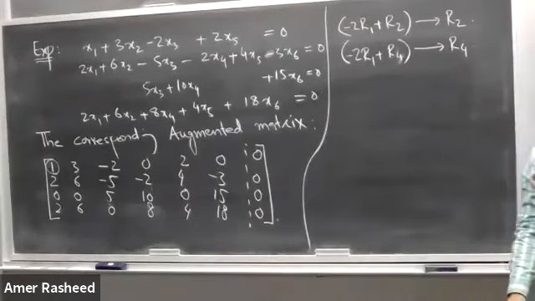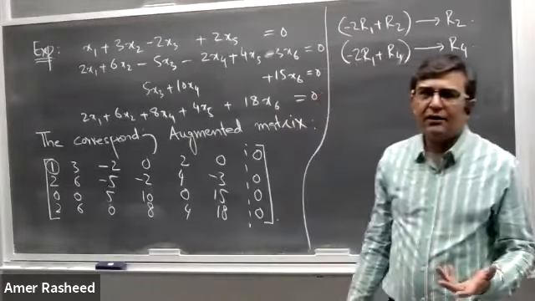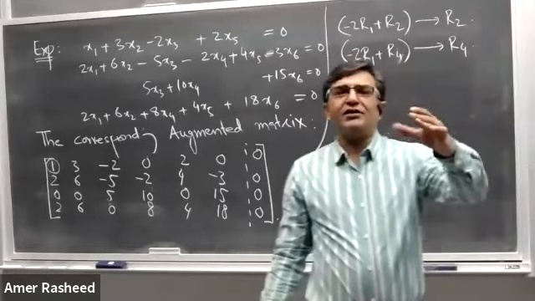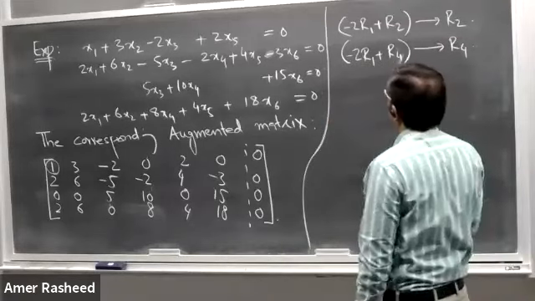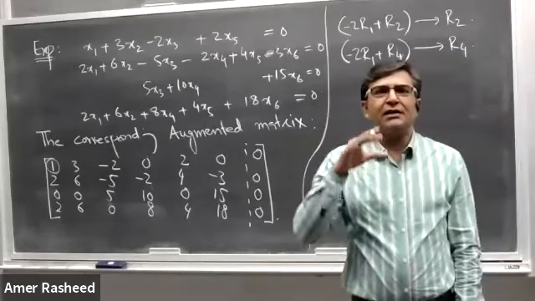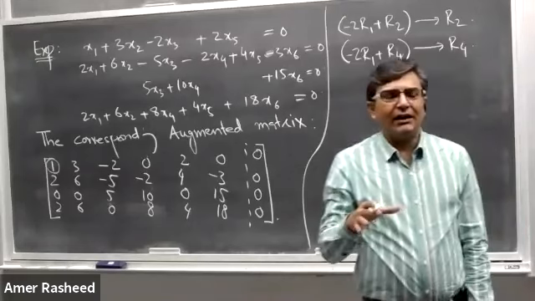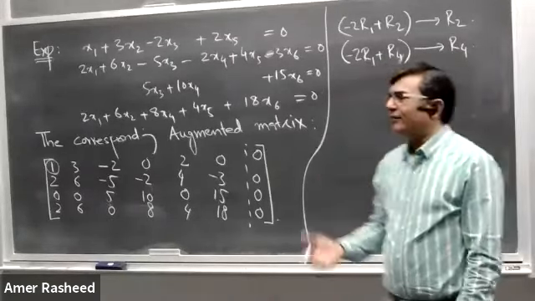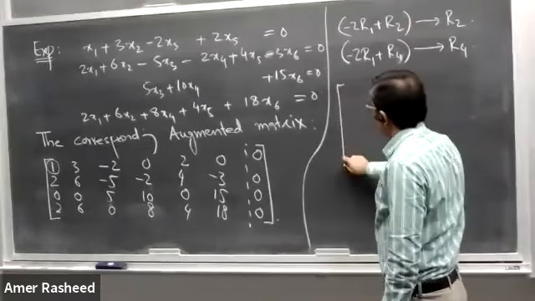And one more thing, we can apply multiple row operations at the same time. Previously, I told you that we apply 1 row operation at one time, but you can apply more than 1 row operation in one step as well. But do it carefully. I don't recommend you to do it in your exams because the chances of mistakes increase when you apply multiple row operations at the same time.